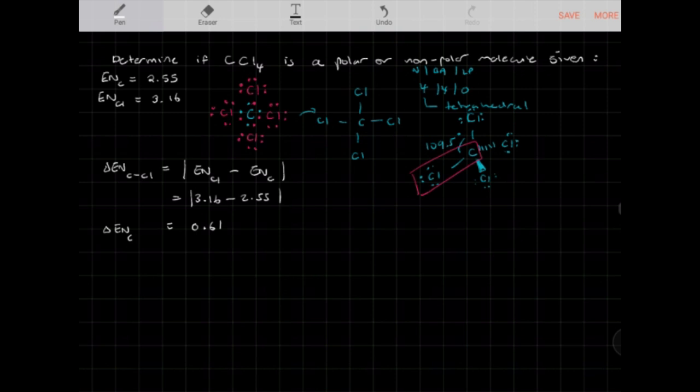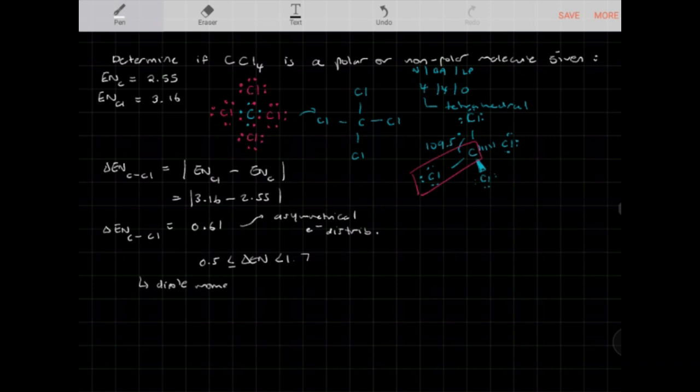This tells us that this is asymmetrical electron distribution, because the electronegativity difference is greater than or equal to 0.5 but less than 1.7. As a result, a dipole moment is generated.